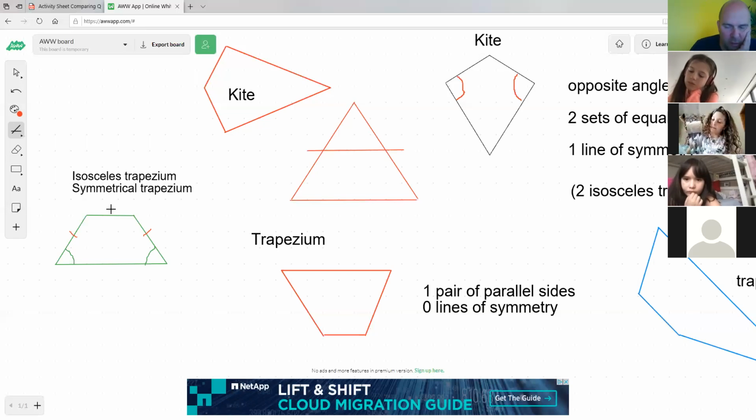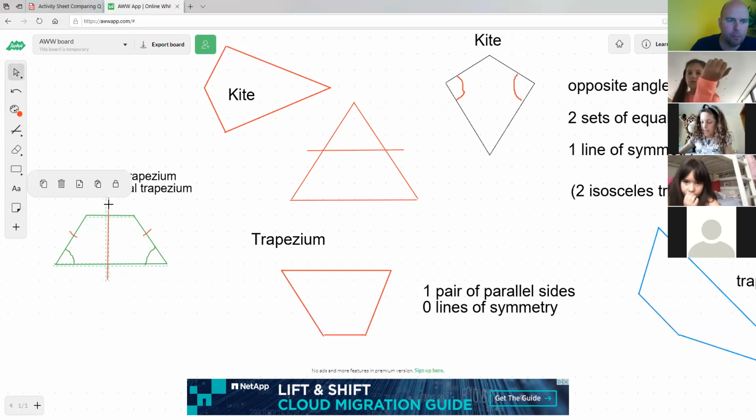So this has a line of symmetry. Where's the line of symmetry in this isosceles trapezium? Down the center? In the center. Yeah. If we were to fold it in the middle, the line would be right in the middle there.